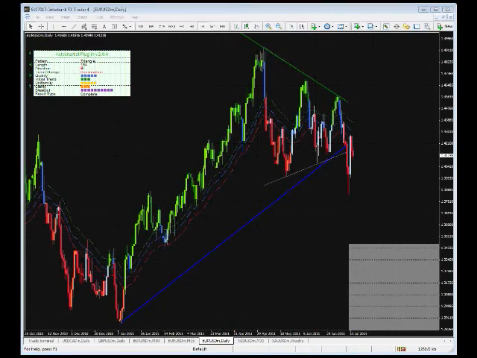So 1 to 3 initial trend bars, I'm going to focus on the AIM entry, which means I'm going to be waiting for momentum through the uptrend line support or the downtrend line resistance.